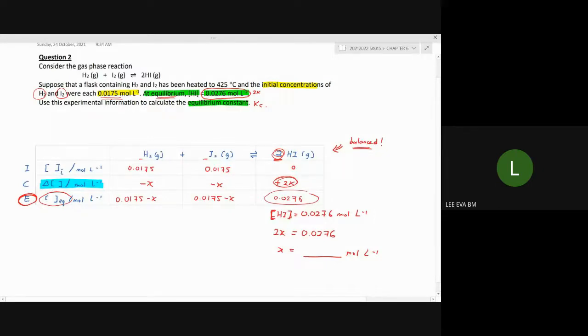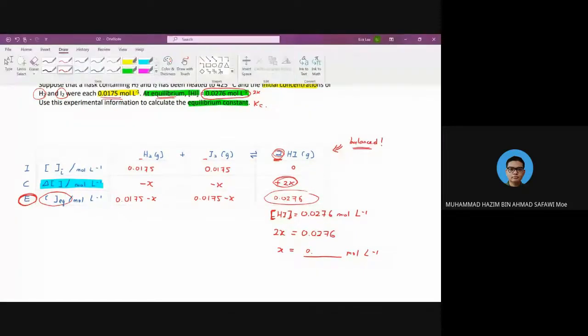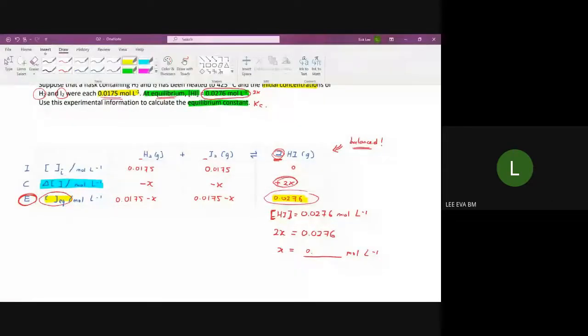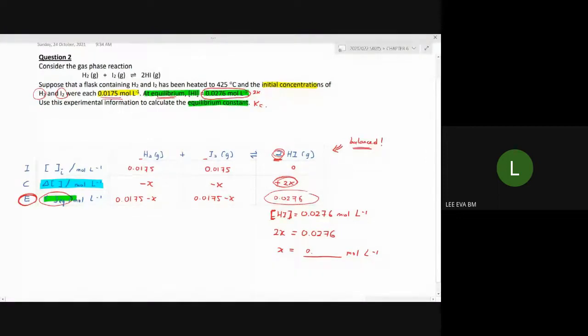Nah, so carilah untuk x. What's the value of x? 0.0138. Okay, so Madam highlight kan untuk highlight pula warna salah jap.